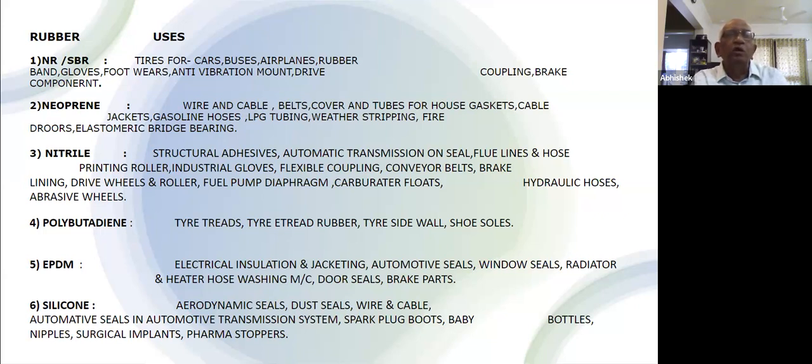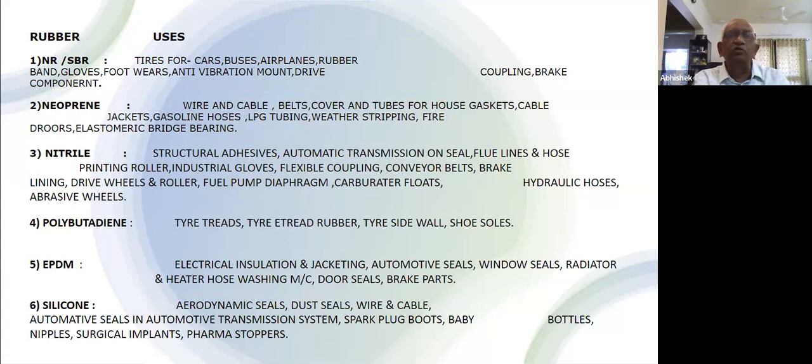It is used in printing rollers, industrial gloves, flexible couplings, conveyor belts, brake linings, drive wheels, then fuel pump diaphragms, carburetor floats, hydraulic hoses to transport many of the mineral oils, then abrasive wheels. These are some of the applications.